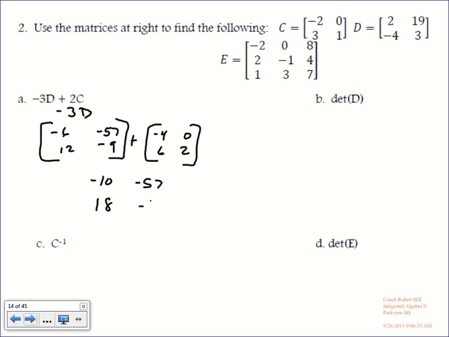Negative 7. How did you get negative 18? Sorry. Got in a hurry and made a mistake. Again, that's how easy it is. I know how to do it.